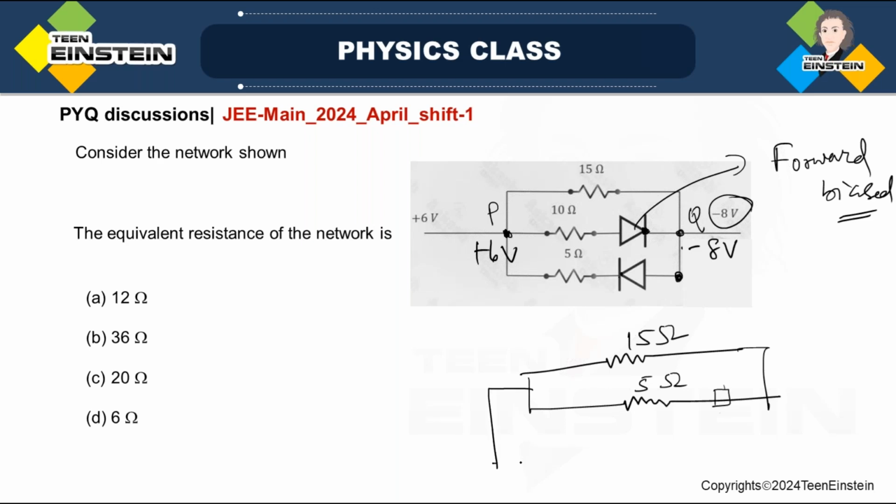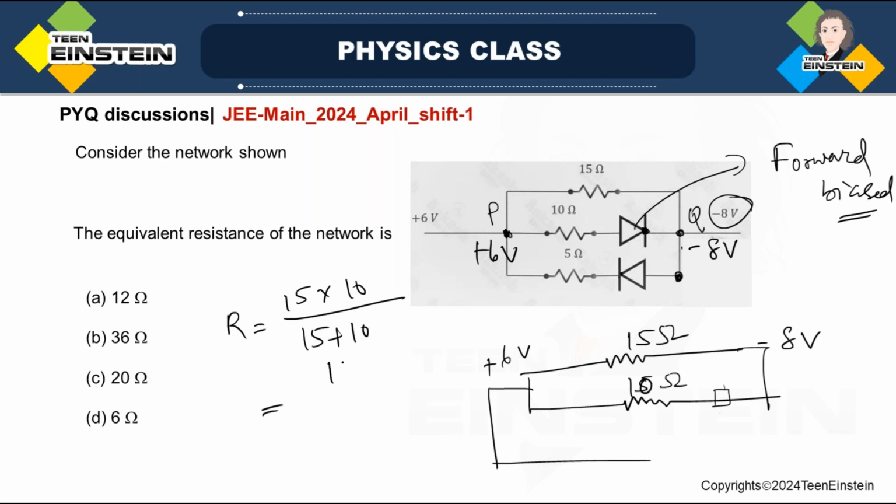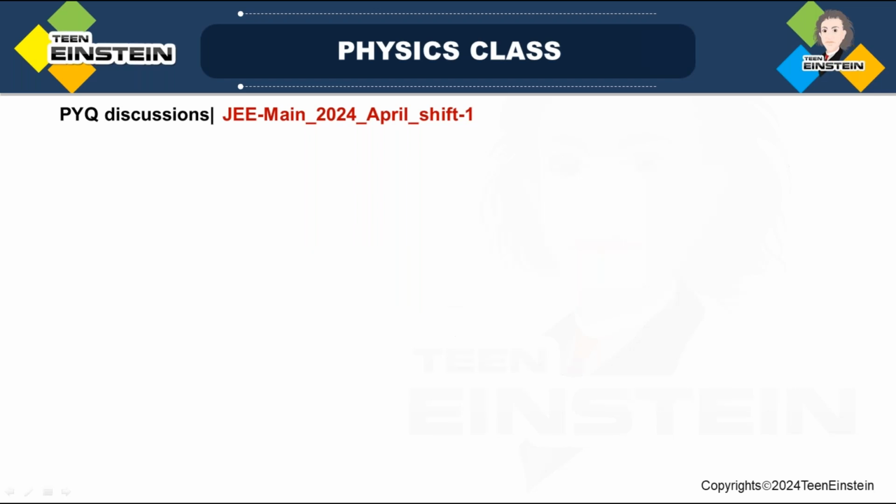So this is a parallel combination. The equivalent resistance R is the multiplication over the sum, so this will be 150 divided by 25, which is 6 ohm. So option D will be the correct answer for this question.